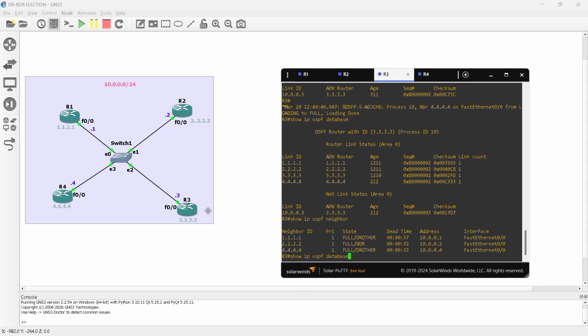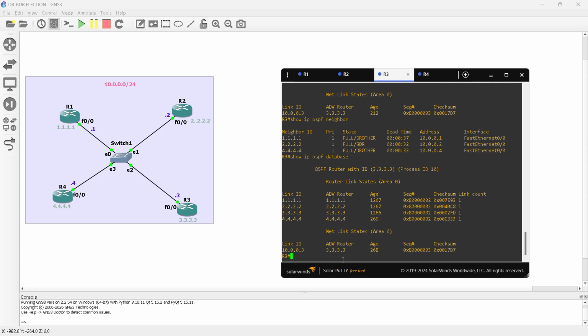As you added R4, R4 established itself as DR other, not as DR, because the DR was already present, which is our R3. So you will see that type 2 LSA is being generated by R3. Here, as you can see, the router ID is its own ID, which is R3's router ID.